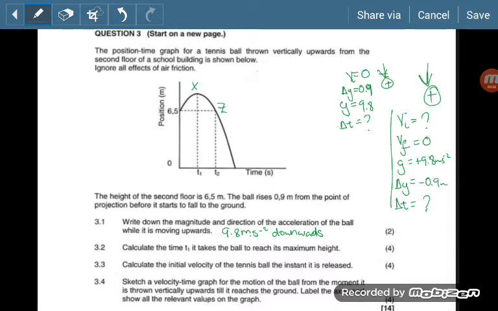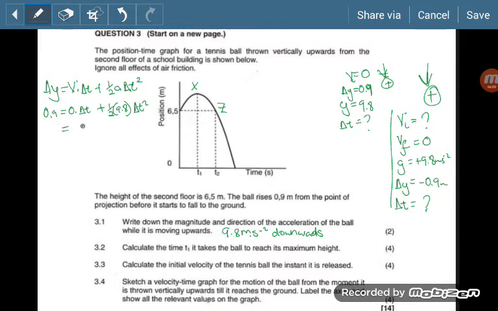That means I need to use the equation that says change in y is equal to initial velocity times change in time plus half the acceleration times change in time squared. Change in y in this case is 0.9, equal to the initial velocity 0 multiplied by the change in time plus half of 9.8 multiplied by change in time squared.